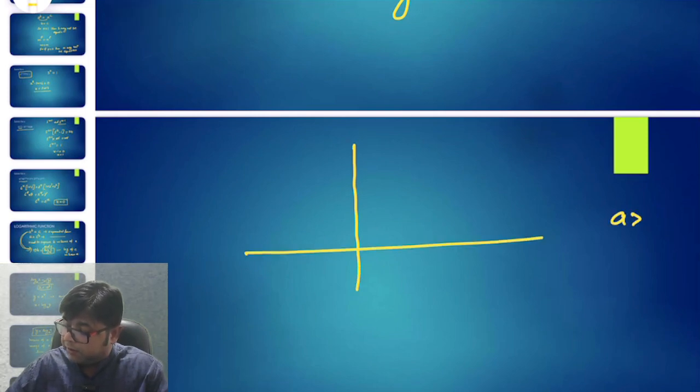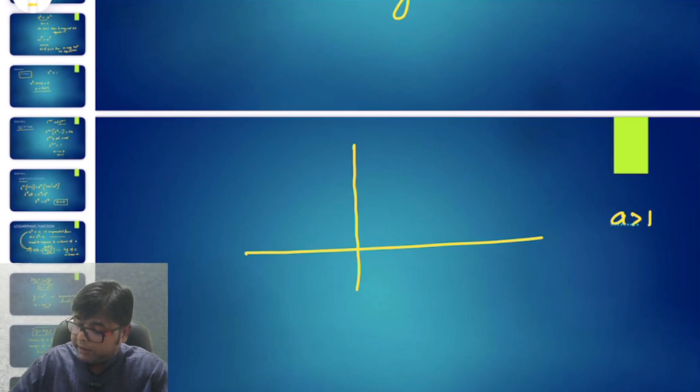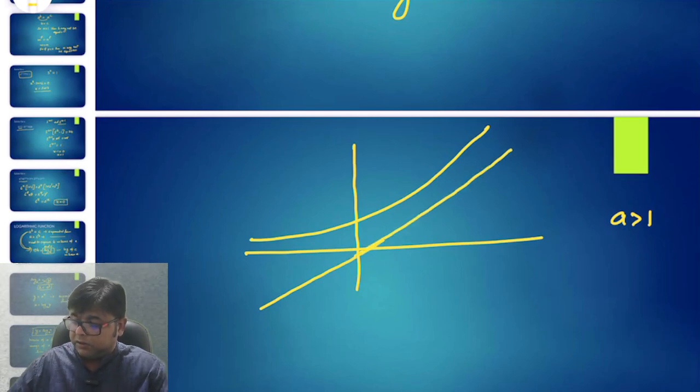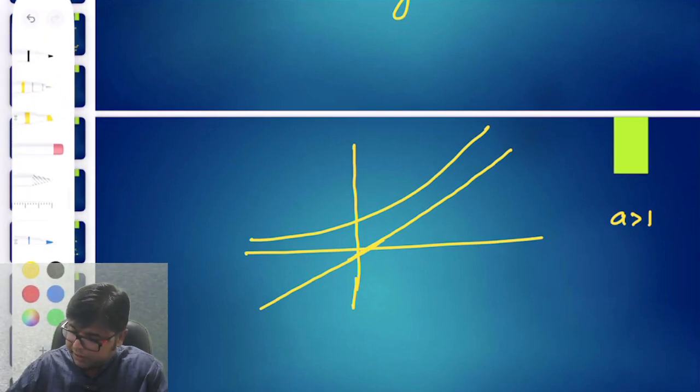and if I draw a line y equal to x like this, then I have to find the logarithmic function of this. I've made a little mistake, let me correct it.